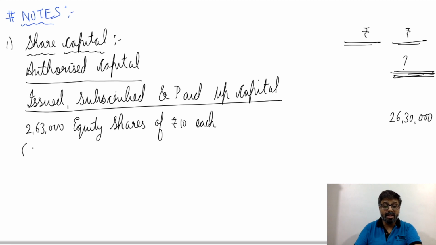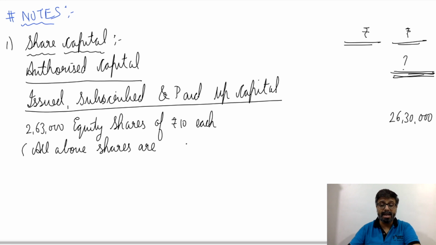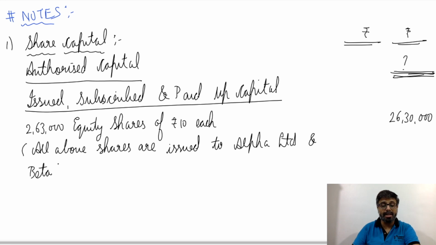So you'll say, all above shares are issued to Alpha Limited and Beta Limited for consideration other than cash. This disclosure is compulsory as per the Companies Act.